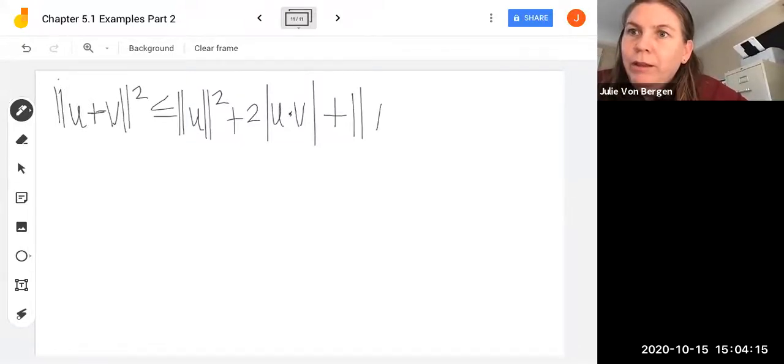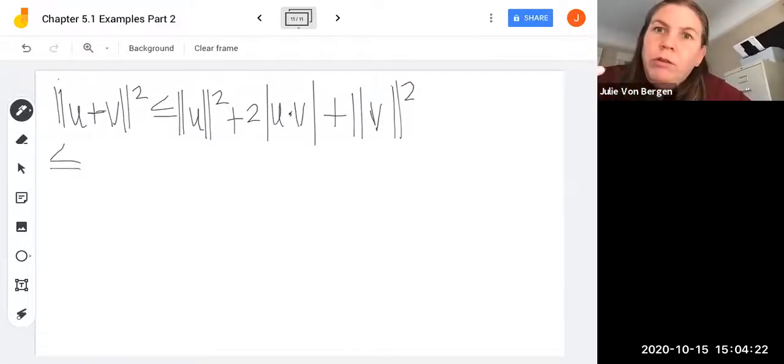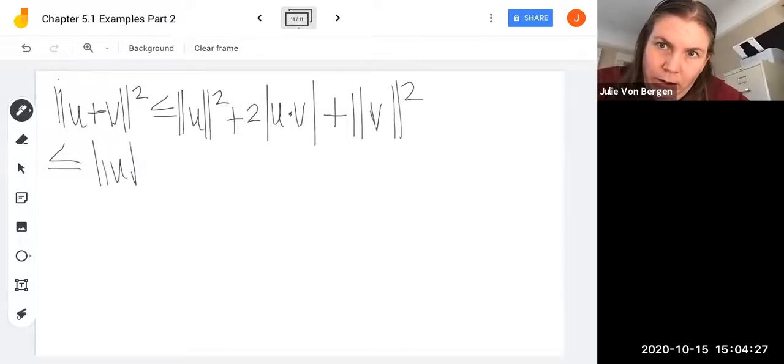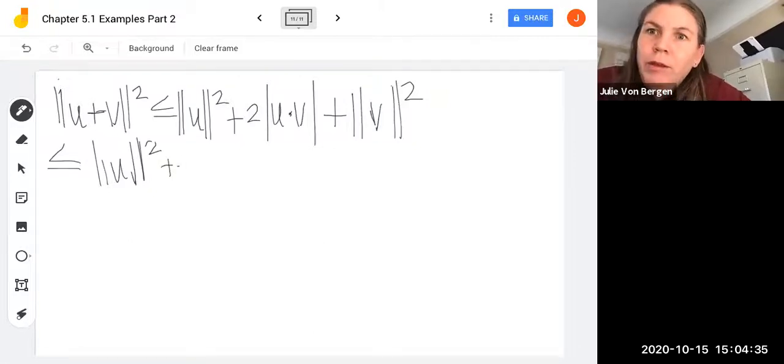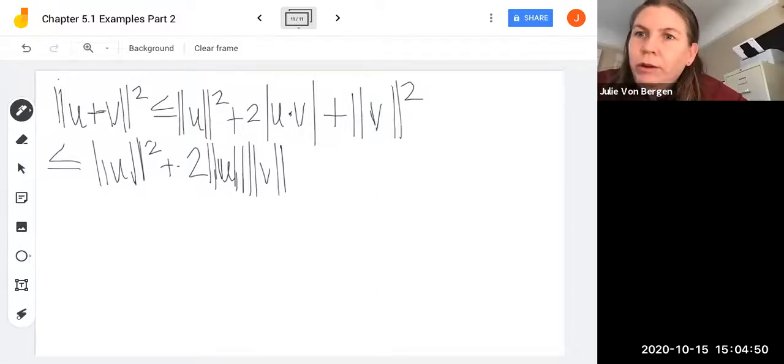So that's where we left off. And now by Cauchy-Schwarz, this is less than or equal to the norm of u squared plus 2 times the norm of u multiplied by the norm of v plus the norm of v squared.